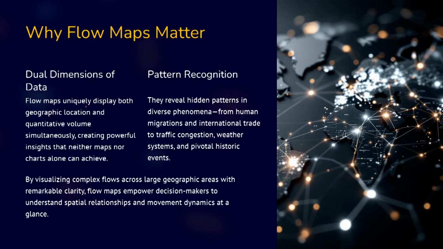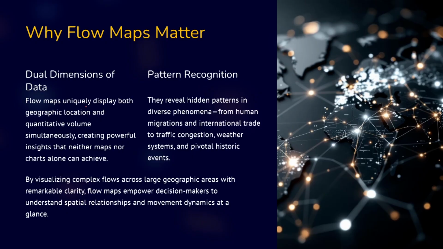If we get insights from charts or tables, we can't get the exact insight of how the migration is happening and what the actual reason is. But from a flow map we can usually, at a glance, visualize how this migration is happening and why it is happening. So, let us say we have a few small towns.